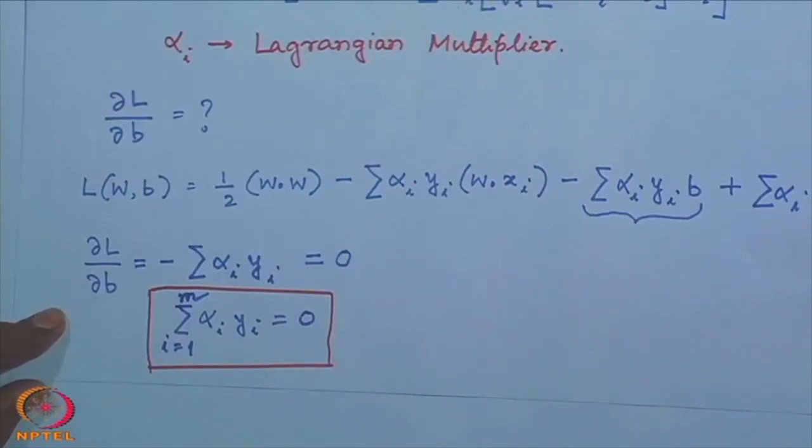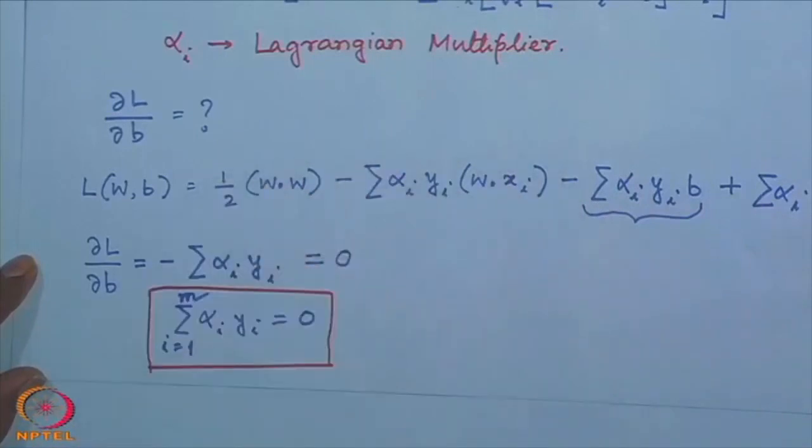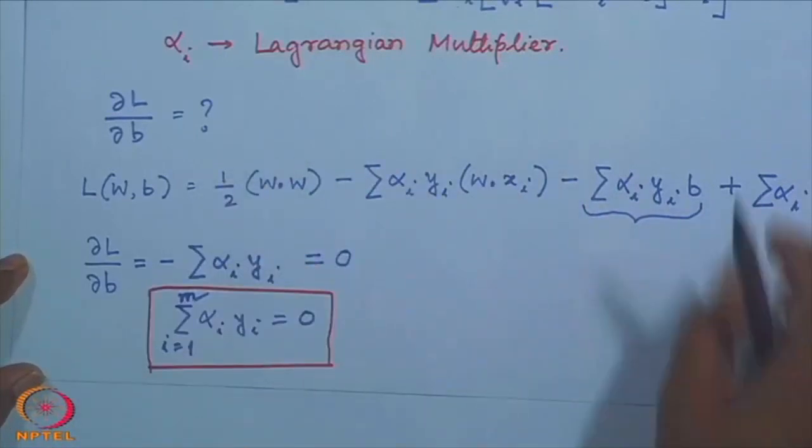Next, what I will do is, I will take the derivative of this Lagrangian L with respect to my weight vector w. So, again this is the same Lagrangian in the expanded form, let me rewrite this Lagrangian.